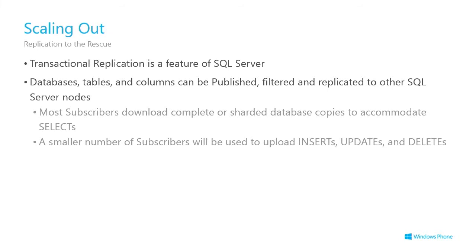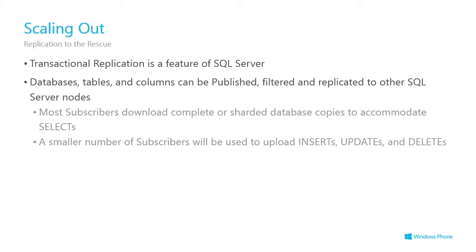And then from this publication at the top of the pyramid, I'm going to have other SQL servers that I can scale out that may pull down exact copies, potentially, of everything, or they can do some data sharding and pull down just particular tables or particular filtered sets to each one, so that the web servers are only hitting designated SQL servers for smaller amounts of data to get better performance.